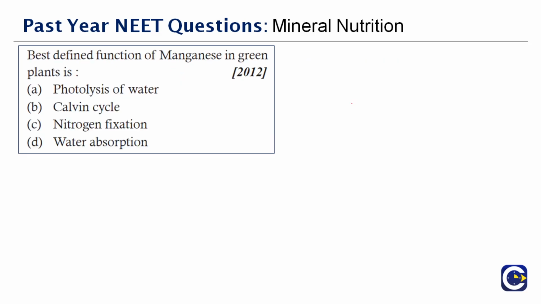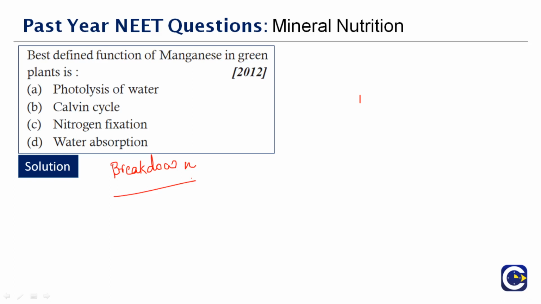Best defined function of manganese in green plants is dash. So you have four options here. Photolysis of water, Calvin cycle, nitrogen fixation and water absorption. The right answer to this question is option A. Okay, and when you say lysis, what do you call it? Breakdown, right?